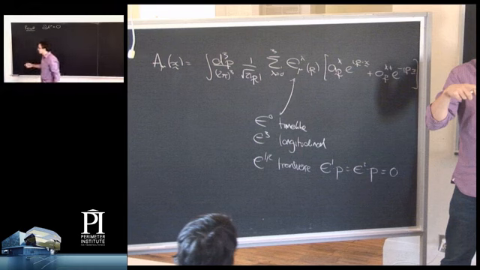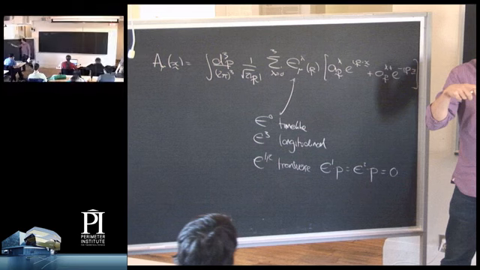Remember, we had this mode expansion. The key new thing in the mode expansion was the fact that the mu index on here, I kind of soaked up into a polarization vector. And this polarization vector is a set of four vectors. And they have the following properties: epsilon 0 is always time-like.